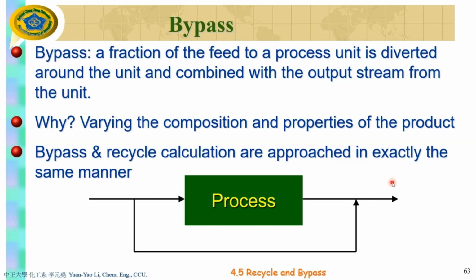So split point means what? You have a fraction. The mass fraction will be the same. For example, you have an input splitting point. That means the fraction of this stream will be the same. That means the composition will be the same. Okay, so we do this in the same manner.